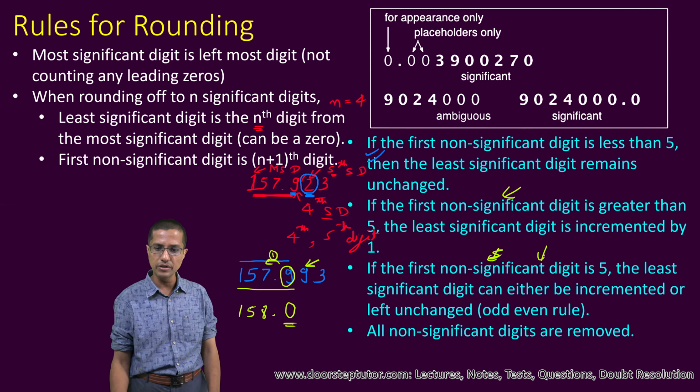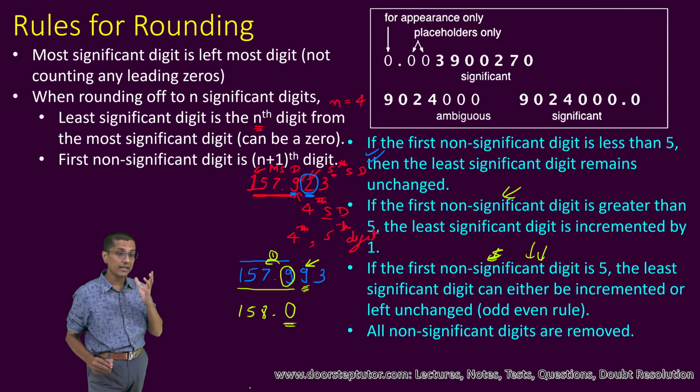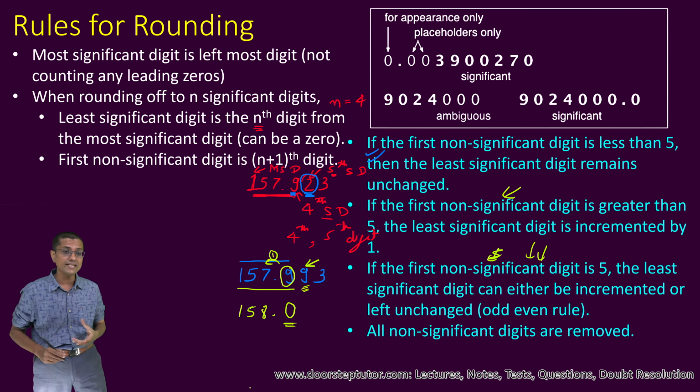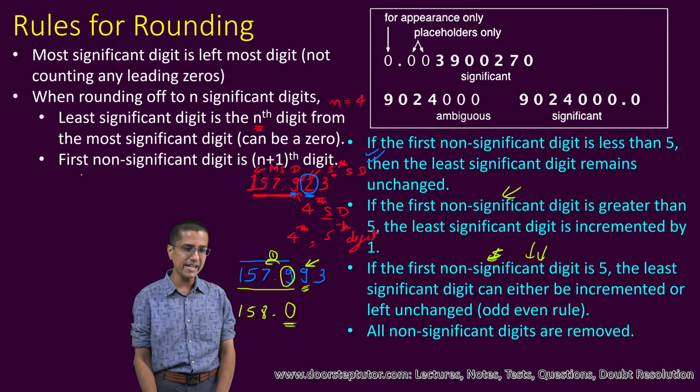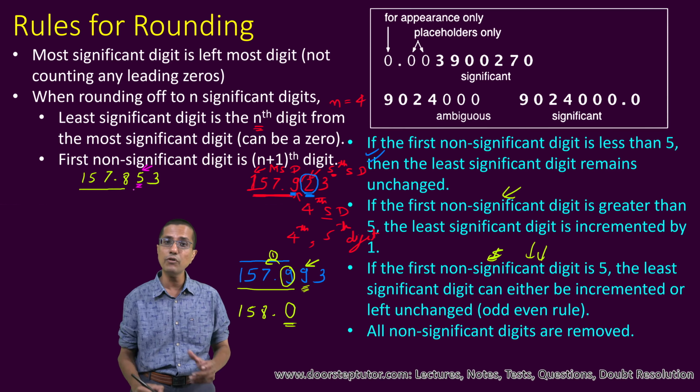The third rule is saying what happens if the first digit that I want to throw off is actually a 5. So if my number was, let's say, 157.853 and I am rounding to 4 significant figures, and the first digit I want to throw is a 5, what happens in that case?